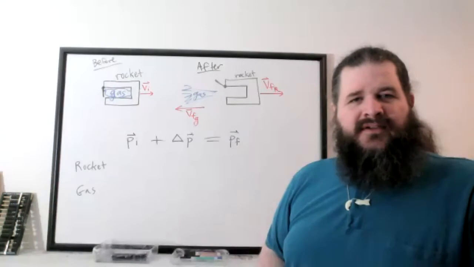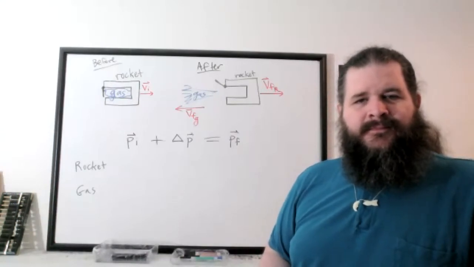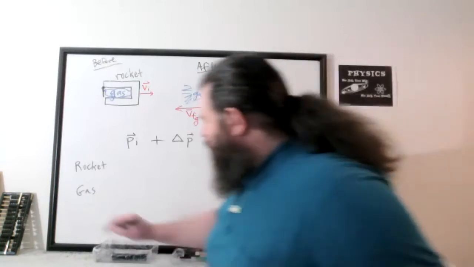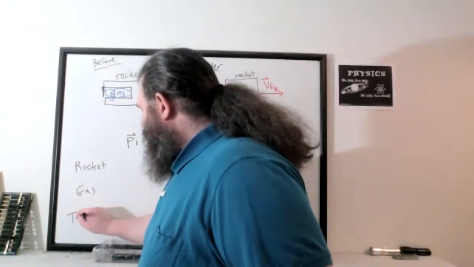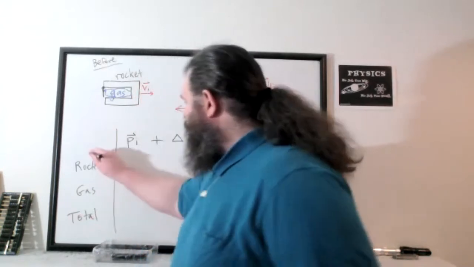Any other questions on that setup so far? And then also typically we want to include a row for total, because the total momentum is really where the magic happens. Total momentum is what's most predictable here.